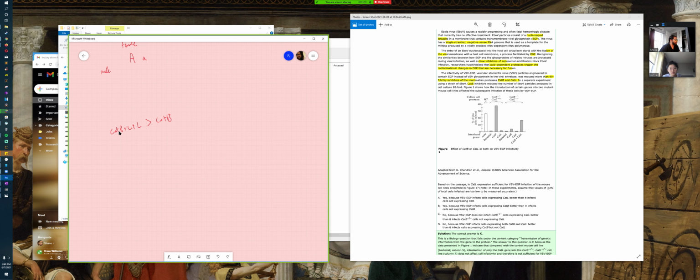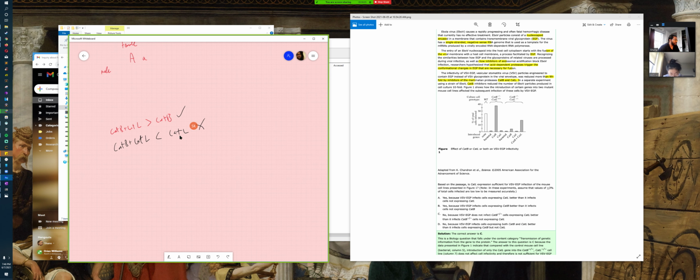It's saying cat B plus cat L basically works better than cat B. That's true. However, the second part says but not cat L, which means cat B plus cat L is not better than just cat L. That is not true. Correct.